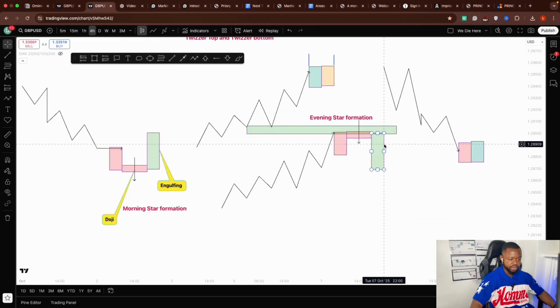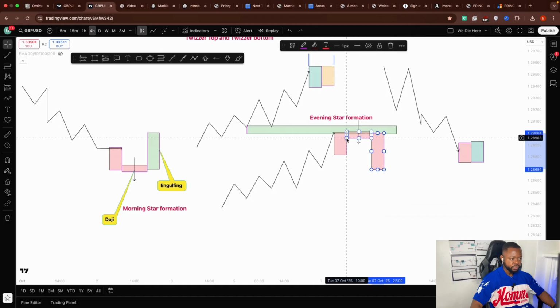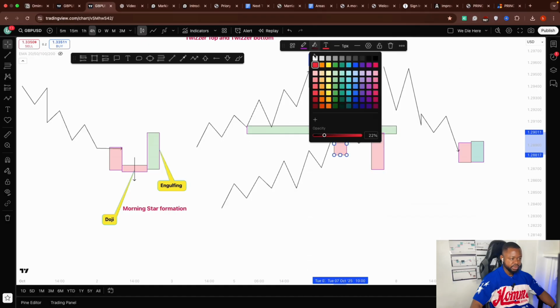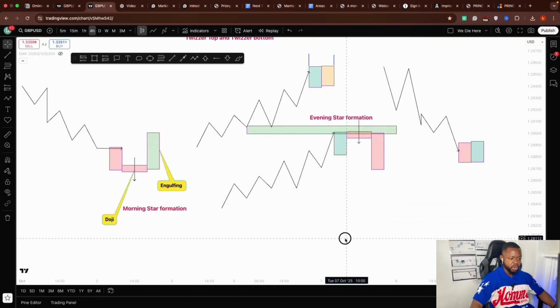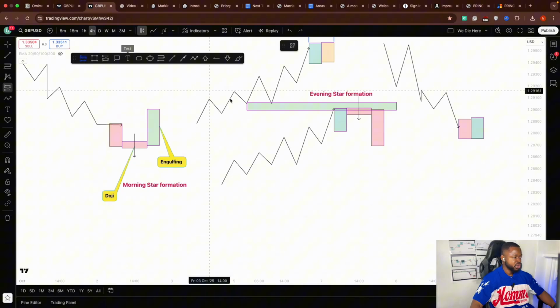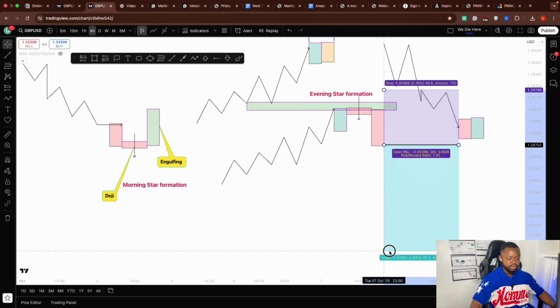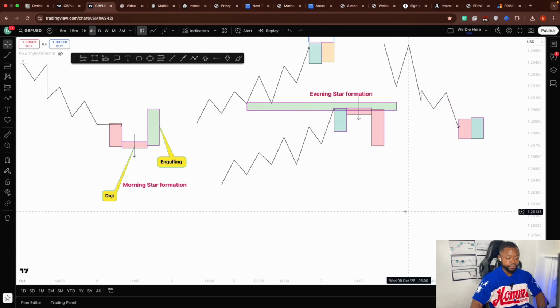Let's do this red. Let's make this green. So as price is about to change direction, it does this, the evening star formation and the morning star formation. These are cues in the market. All you need to do is find areas to sell right above the engulfing, and boom, let price do its thing.